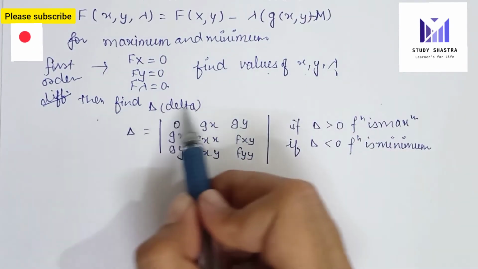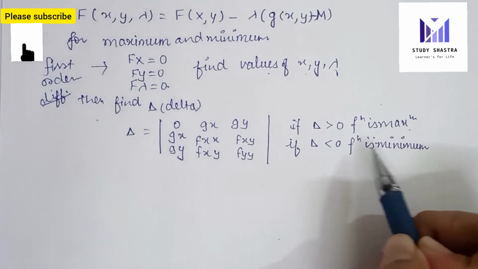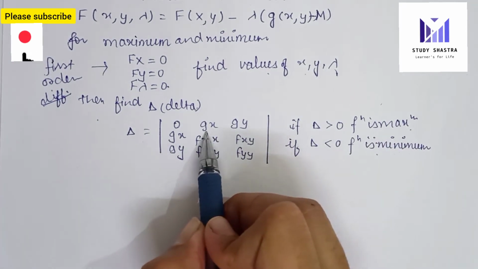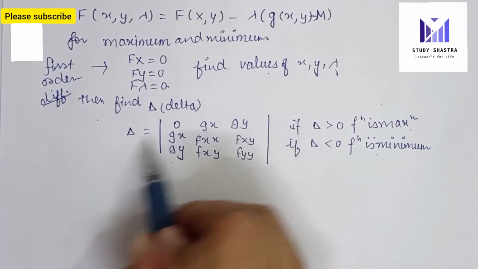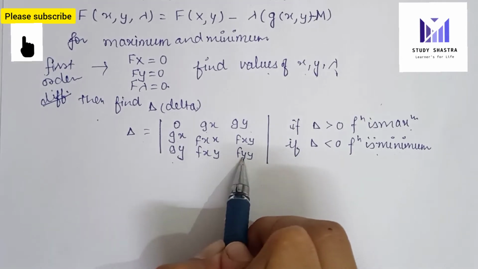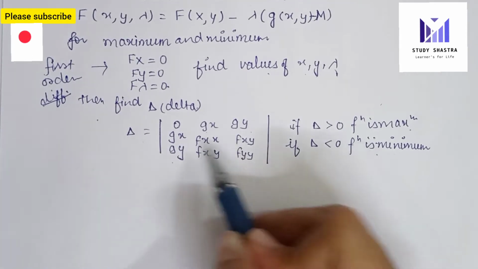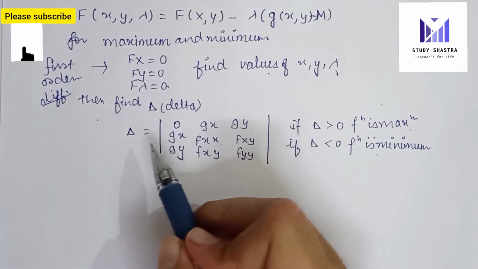Then we will find delta, which suggests whether our function is maximizing or minimizing. For delta we have the constraint g, gx and gy, and we construct a determinant and find its value. We also have to find the double differentiations of the F function: Fxx, Fyy and Fxy.